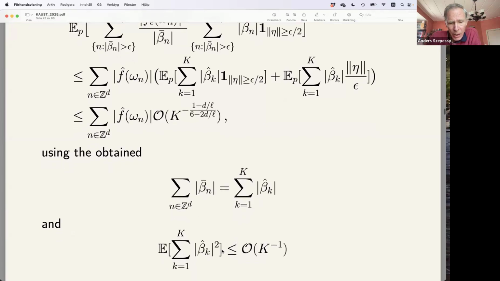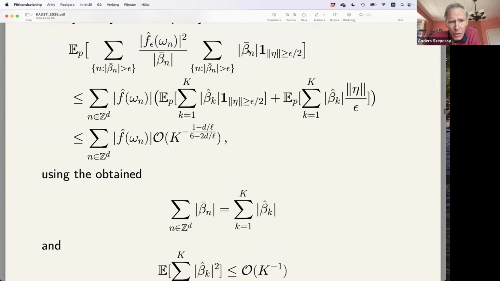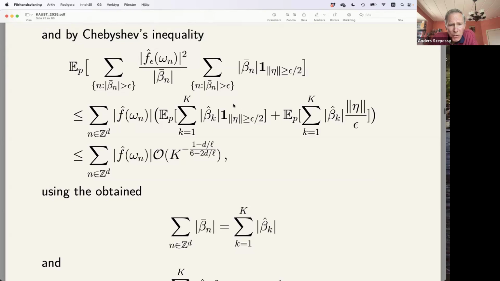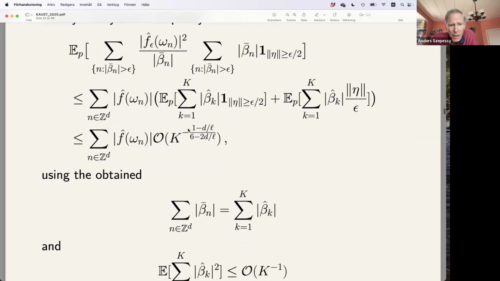When we do the generalization error, we know that if the Tikhonov parameter is of order 1, the sum of the amplitude squares is 1 over k. That is needed when one does the Cauchy-Schwarz estimates here of beta. Squaring this, you obtain a sum of the squares, and then one uses one bound, and on this one uses Chebyshev's inequality, and one obtains a bound.